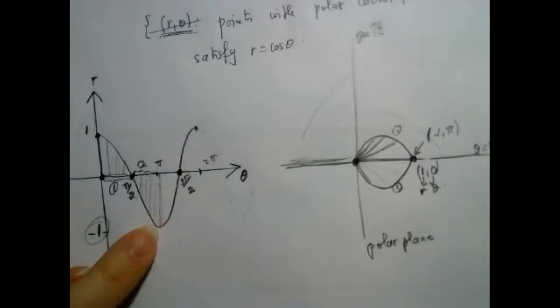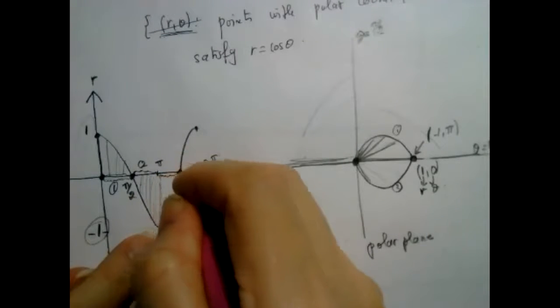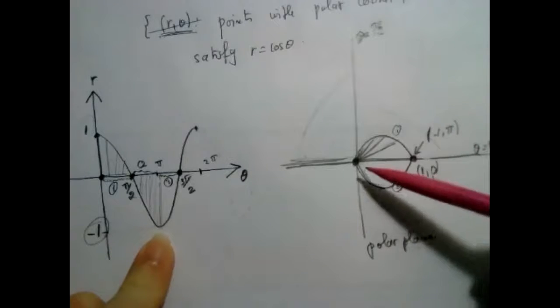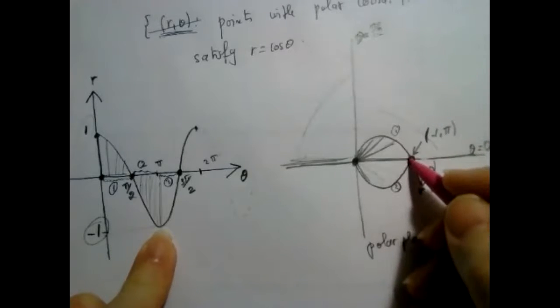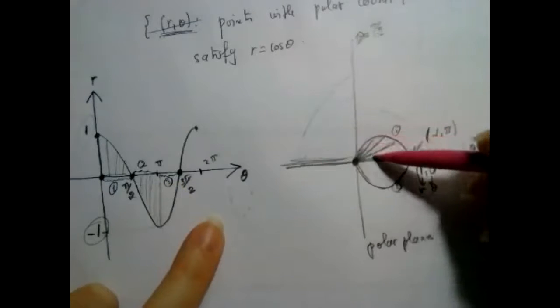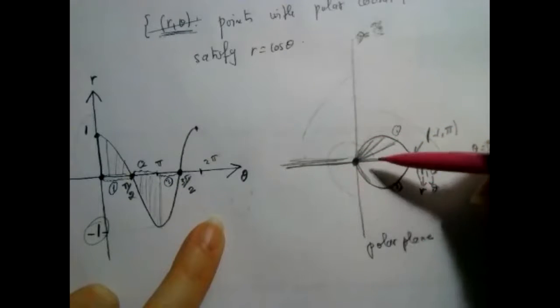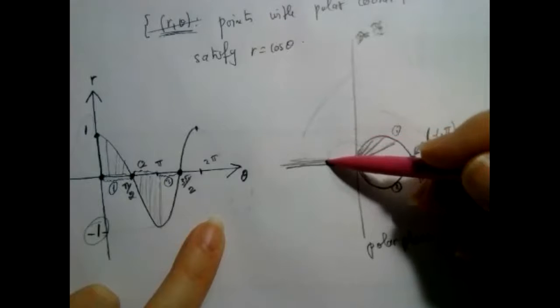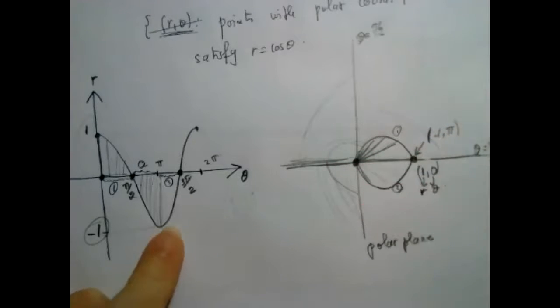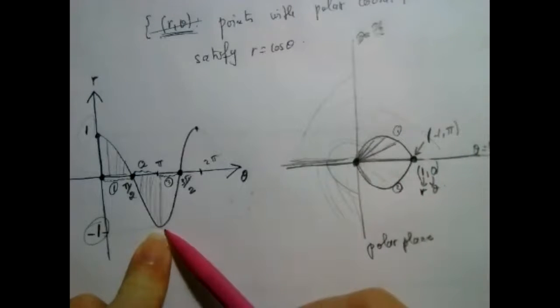Okay. Now, between pi and 3 pi over 2, what's going to happen? At pi, I'm right here. At 3 pi over 2, theta sweeps this region from here to here. So from pi all the way to 3 pi over 2, when theta is in this region, R is negative.